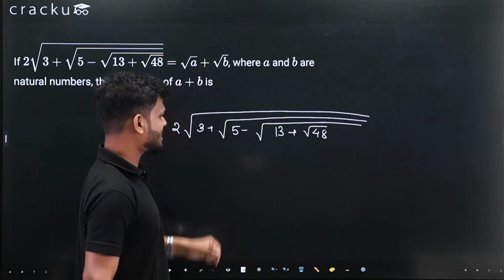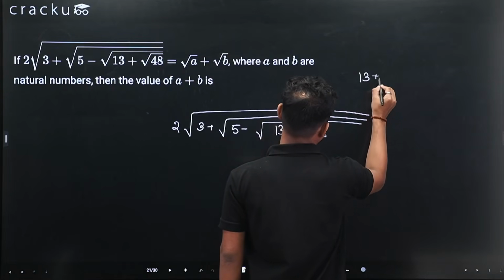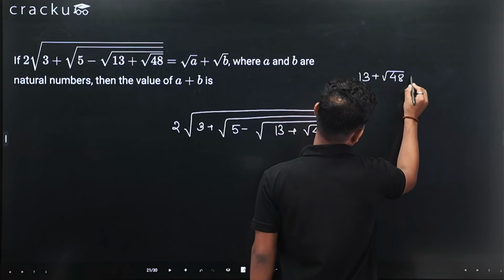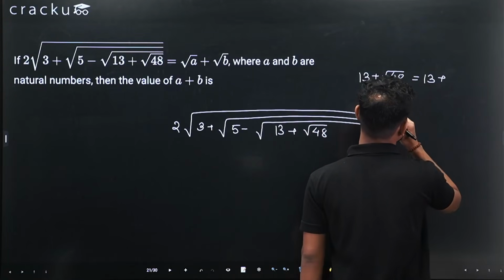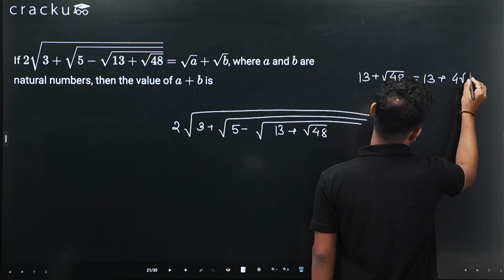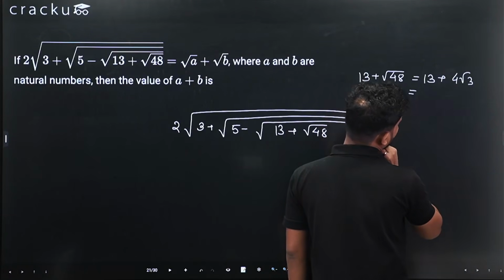Now what is this? This is nothing but you can write 13 plus under root 48 as, if you take 16 common, it will be 4 root 3, right? If it is 4 root 3, what you can do?